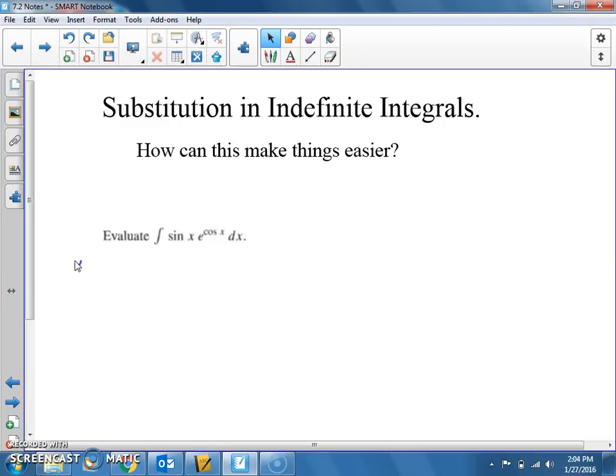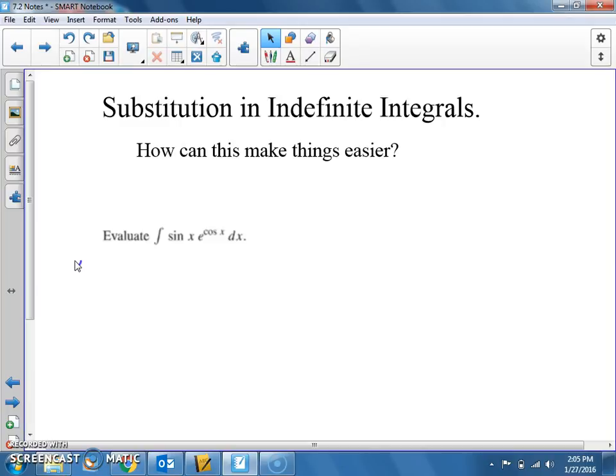Which one? Inside the integral we have sine of x times e to the cosine of x. Which one is a separate function and which one has its derivative in here? So which one's going to be our original and which one's going to be our derivative?